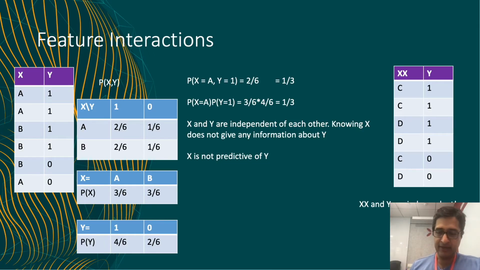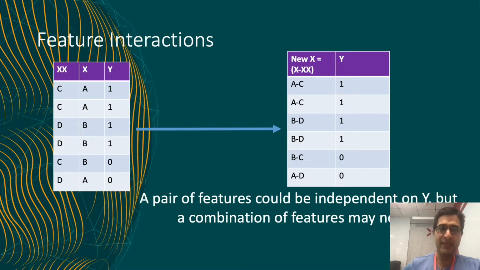However, the interesting thing that happens is that when you combine these two variables together, in this particular case, we have taken the two variables xx and x, and we have constructed a new variable, which is the subtraction of the two.